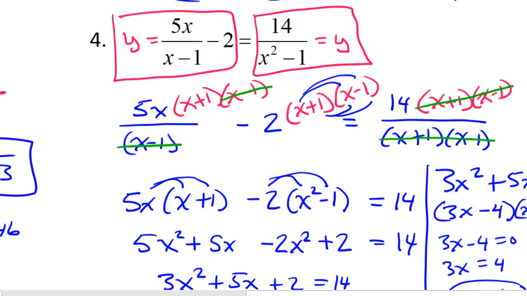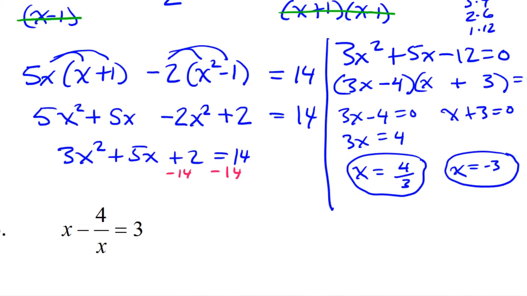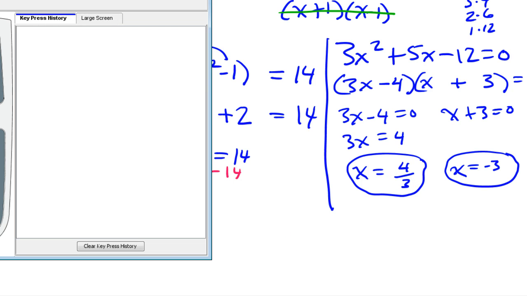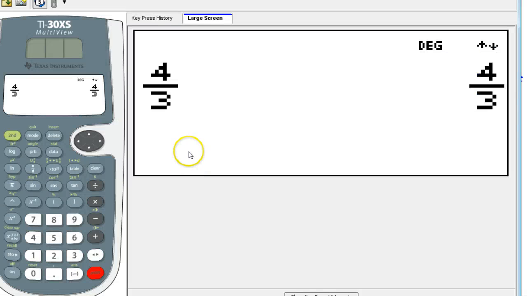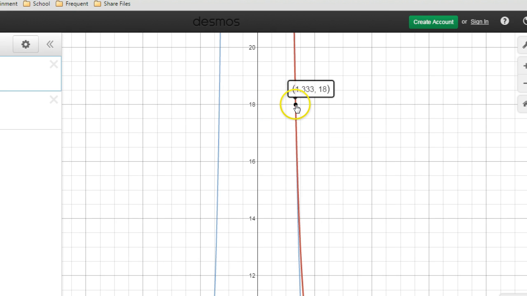Does that match up with anything we had before? Okay, so you see the 4 over 3. If I toggle that, I get 1.3 repeating, so that matches. So that's one intersection point, just the x value, of course.